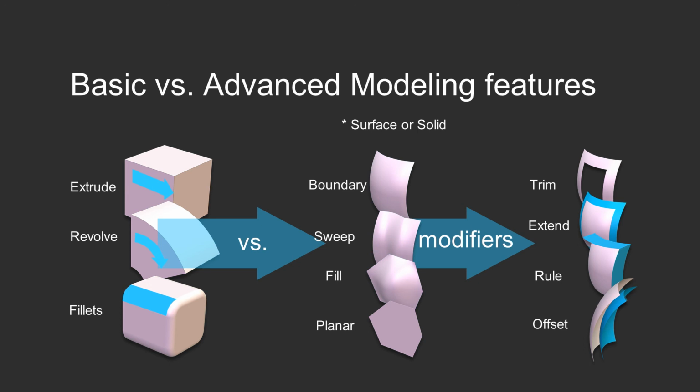And then I like to think of the basic advanced modeling features, but then there are modifiers to that. So if it is a surface, then you can do certain things with it. You can trim and knit it. You can extend or put a ruled surface on it or offset it and do any combination of those. And oftentimes you have to do combinations of those to get back to your final solid form.